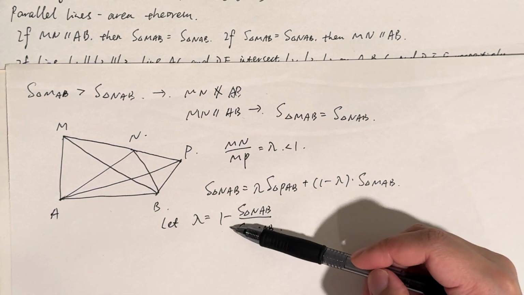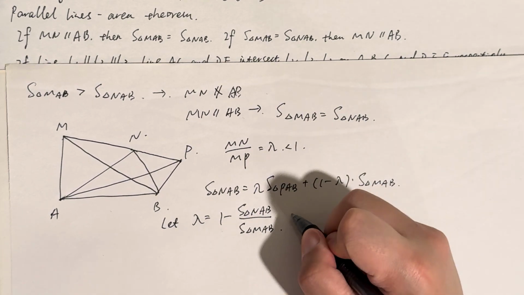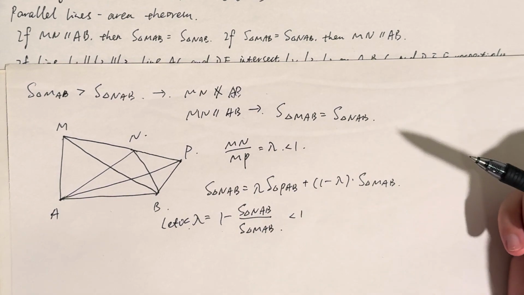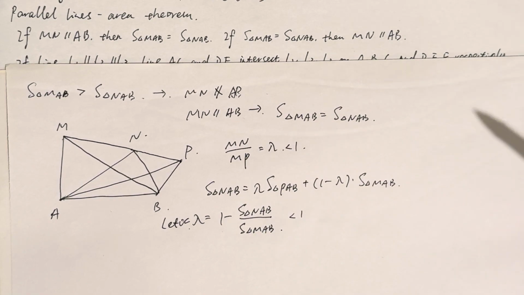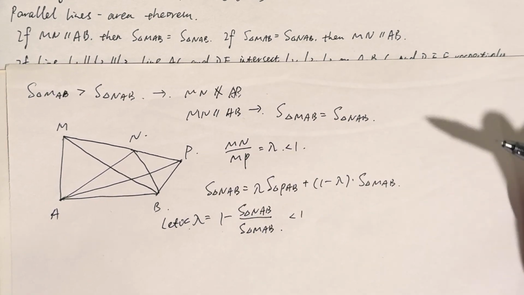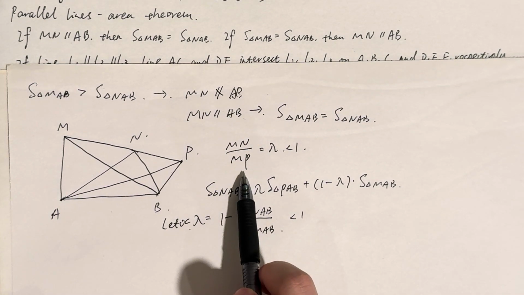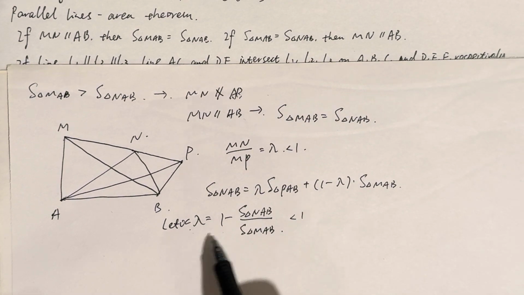And we use 1 minus this number, so this lambda is less than 1 and larger than 0. So this is valid, right? We can always find this setting, this lambda. And we let lambda equal this, which means we find a point P satisfying this equation, right?